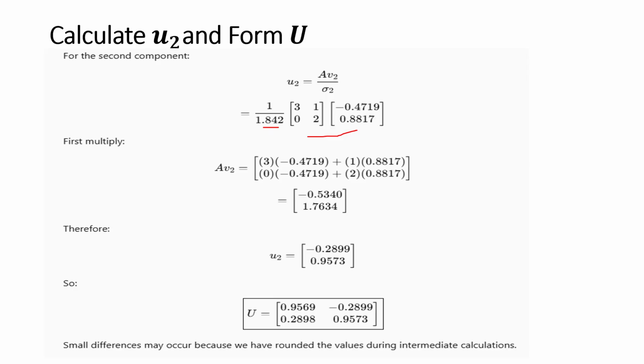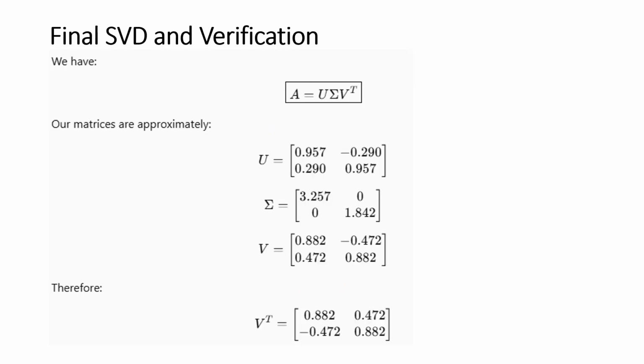So finally this is your u1 and this is your u2, isn't it? So you constructed the matrix U, the left singular matrix. It shows how our samples are associated to the components that we have found, right?